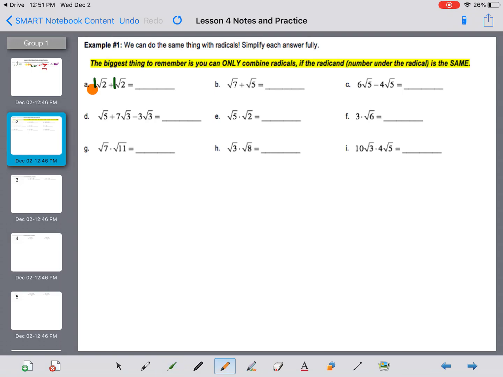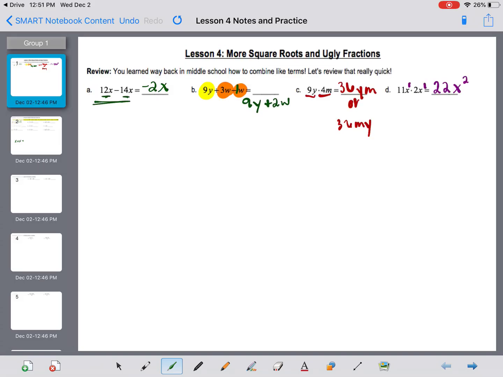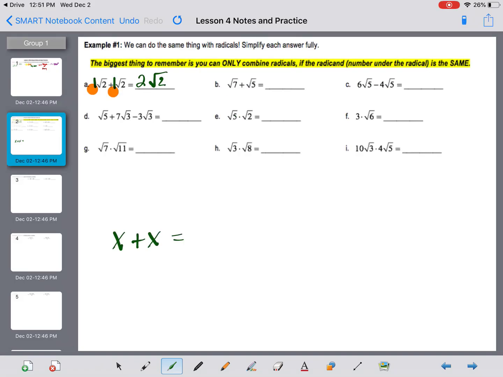You're going to do 1 plus 1, which is 2. And then you just tack on the radical 2, just as if it was x plus x, just like we did in this example right here. X plus x would be 2x. So radical 2 plus radical 2 is just 2 radical 2. You just tack on the radical at the end, just like you tack on the x.